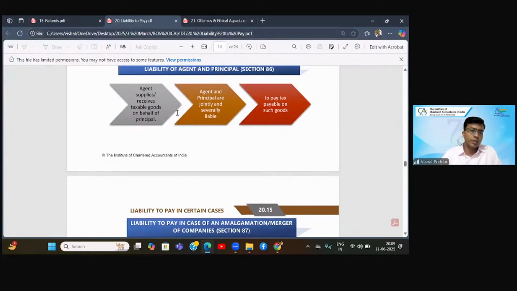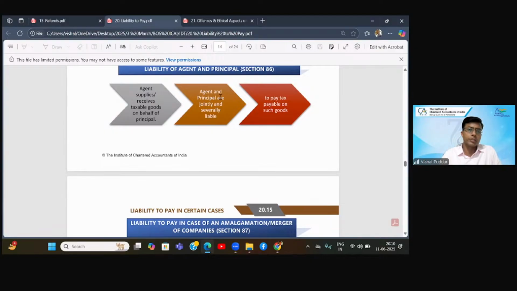Then comes the next scenario, liability in case of principal agent relationships. Now what is it? Agent is either making an outward supply or receiving goods on behalf of the principal. So agent may be the input side agent or the output side agent.